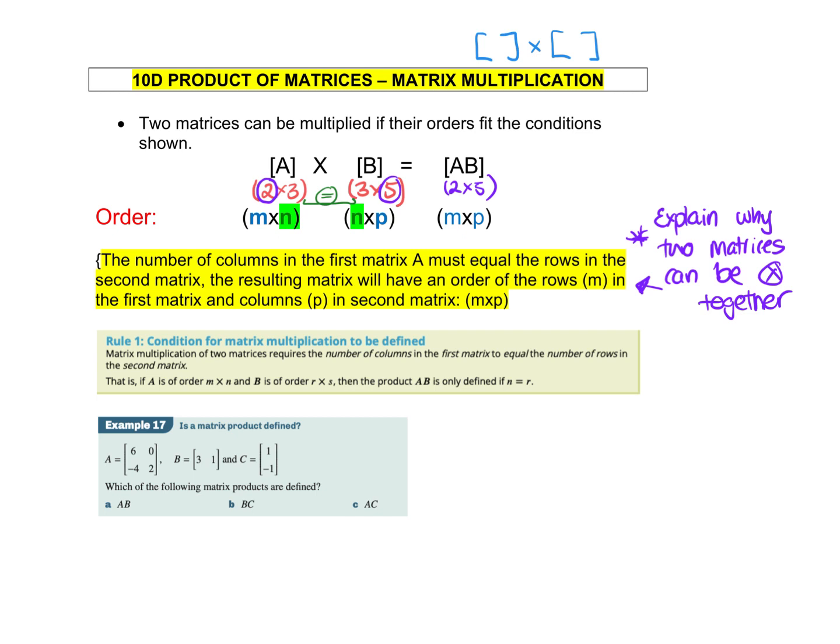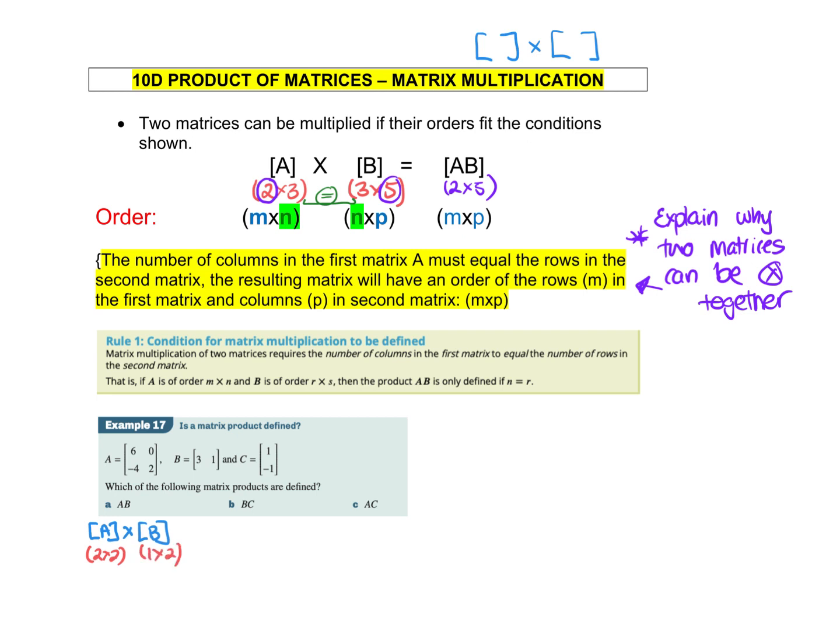So if we go down to these examples, what we're seeing here is when they say which of the following are defined. When you see the letters next to each other, that means they're going to multiply matrix A and after it with matrix B. So if you put the orders underneath, A has an order of a 2 by 2 and B has an order of a 2 by 1.